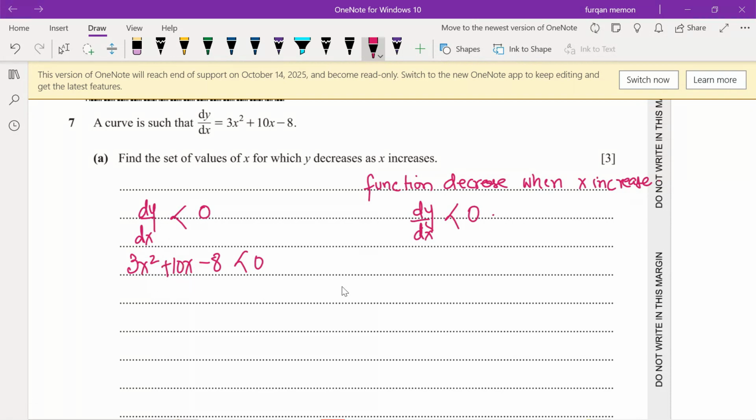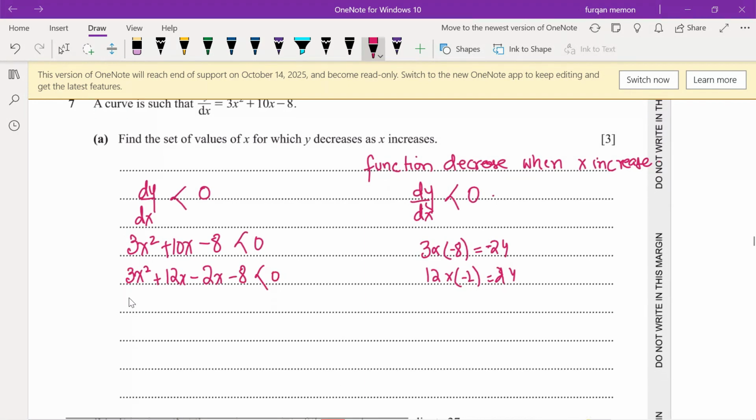We can use factorization. In this case, 3 times negative 8 is equal to negative 24, and 12 times negative 2 is equal to negative 24. So this can be written as 3x square plus 12x minus 2x minus 8 less than 0.